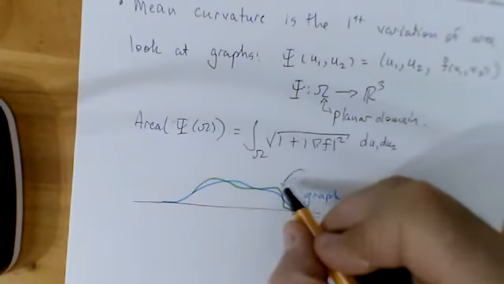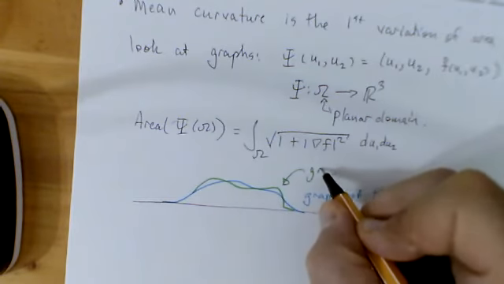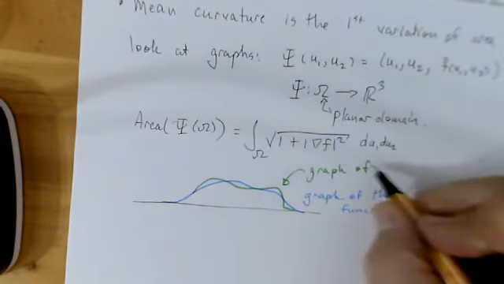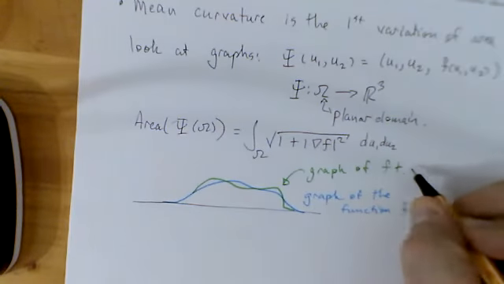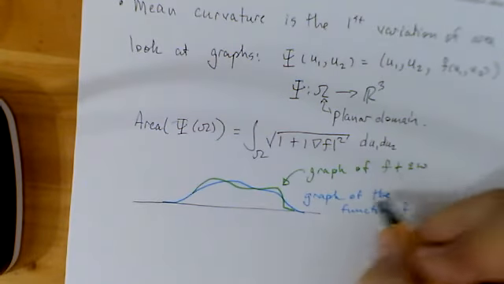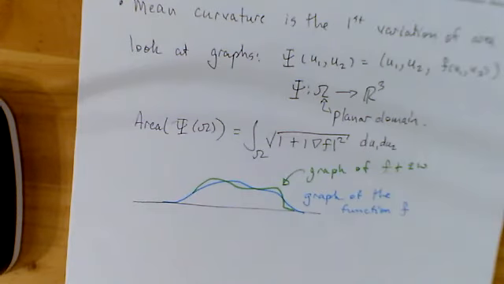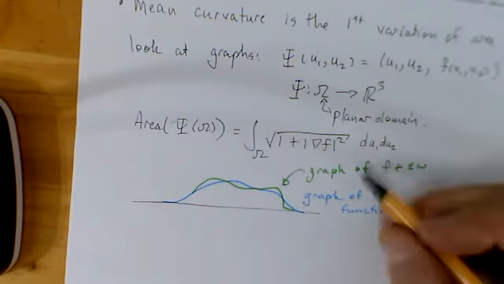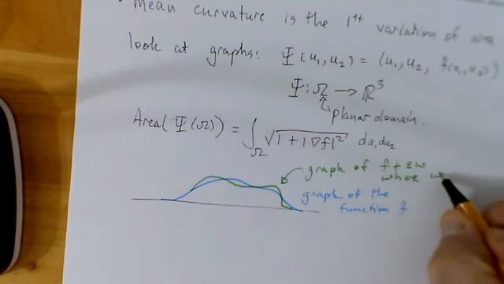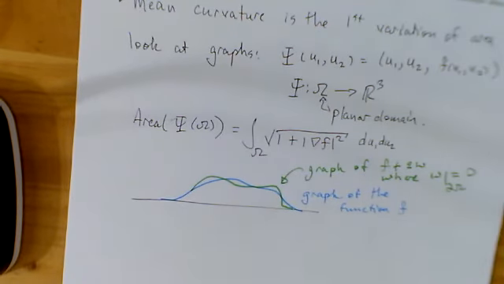So this is going to be the graph of f plus epsilon w, where w is perhaps something that vanishes on the boundary of my domain.